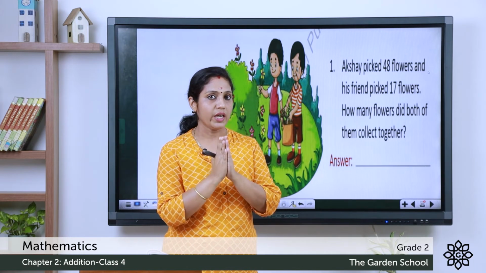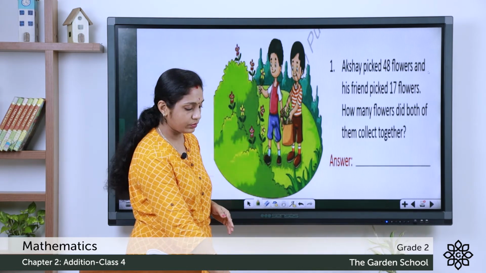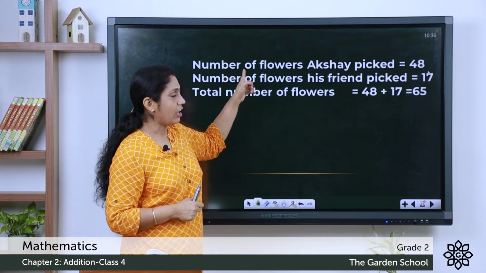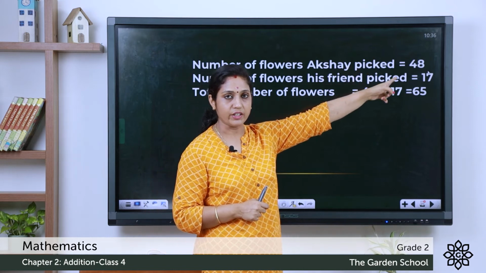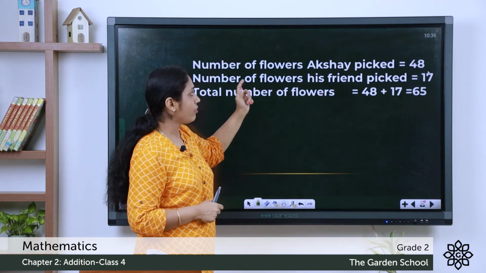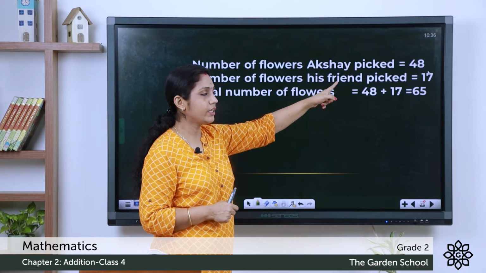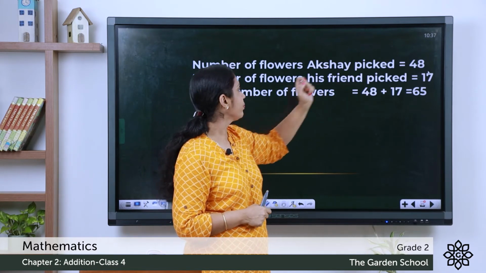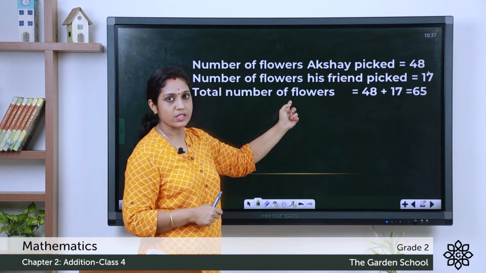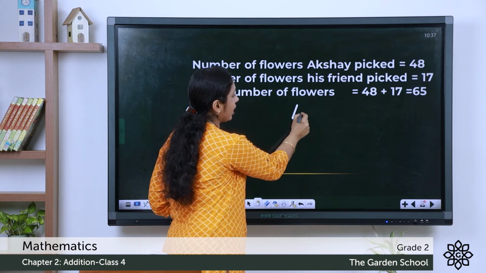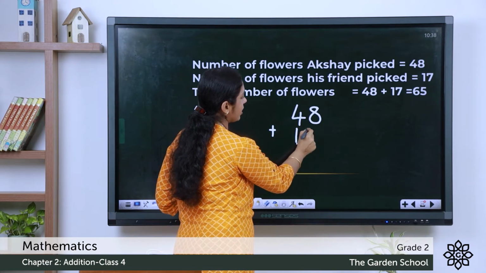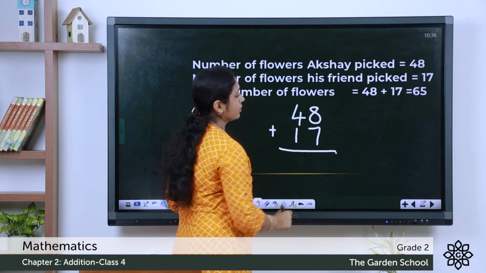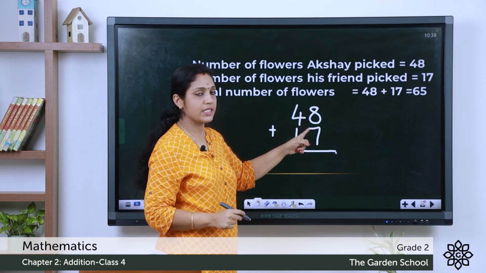For this we can write the steps as: number of flowers Akshay picked is equal to 48. Number of flowers his friend picked is 17. Total number of flowers is 48 plus 17. So first add 8 plus 7.